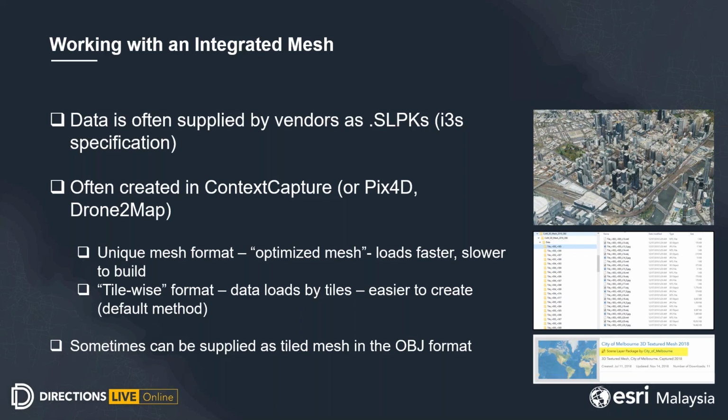From our observation, working with different types of data supplied by different vendors, we noticed that the mesh can be provided to clients in two formats, which is unique mesh format and tile-wise. Unique mesh is what we recommend to use as that is the optimized format. It loads faster, it displays quickly in a web app, but it is slower to build.